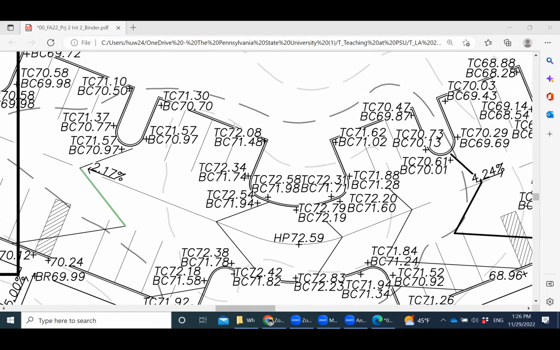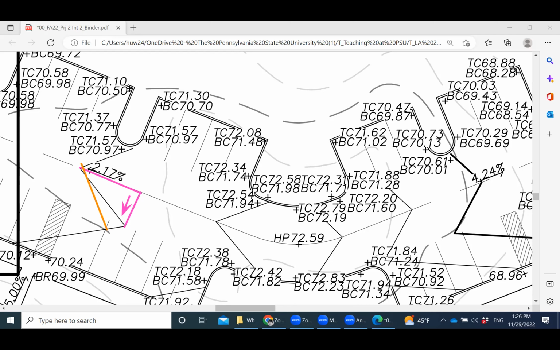We talked about the side slope here being 2%, you know, because slopes are proportional. If that is 2.17, you should be roughly at a 45 angle.